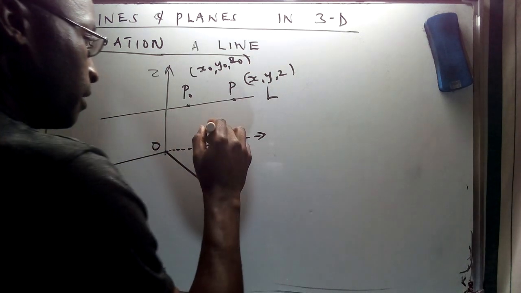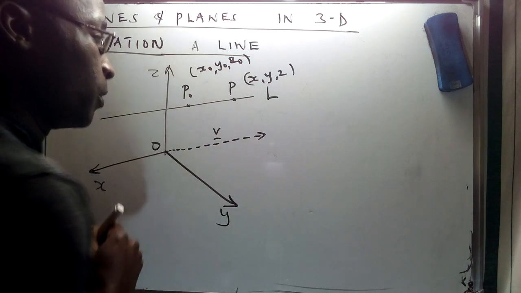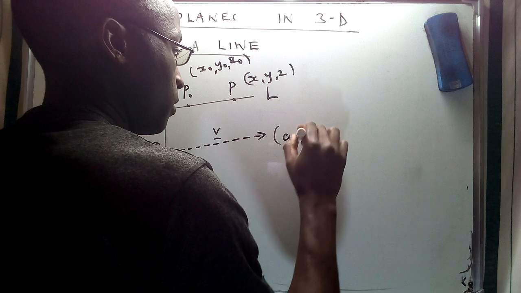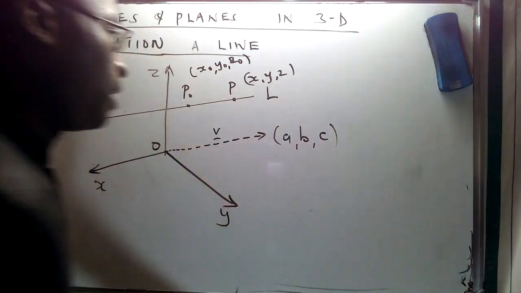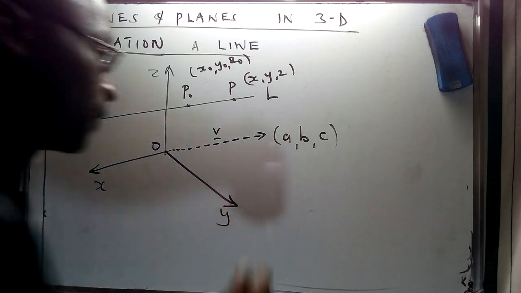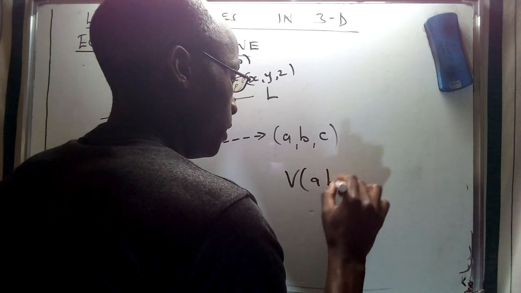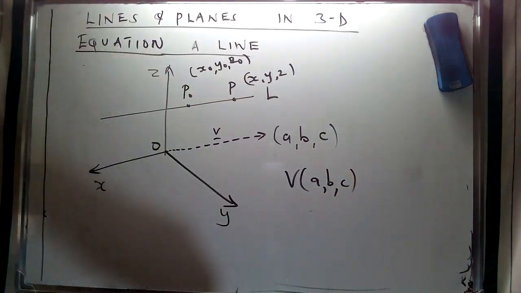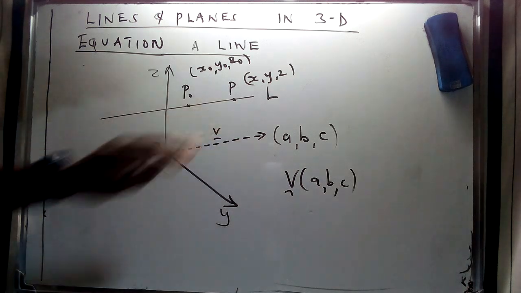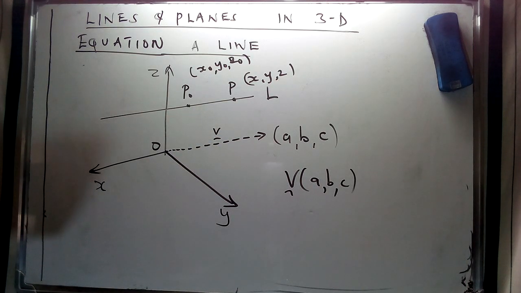And obtain another vector v, which we can give coordinates a, b, and c. I will describe it as a non-zero vector, v equal to a, b, c. Then I can establish a relationship between this vector and that specific line, and that is going to help me define the equation of that line.